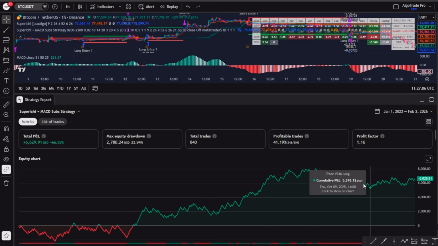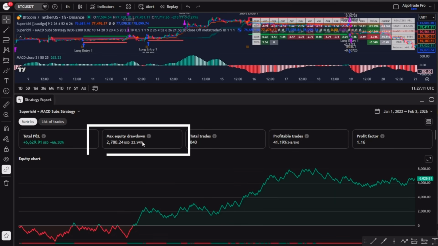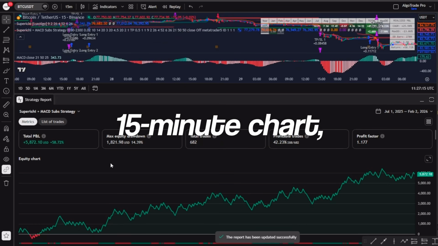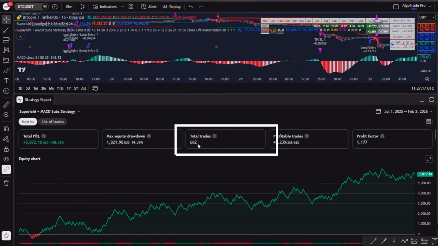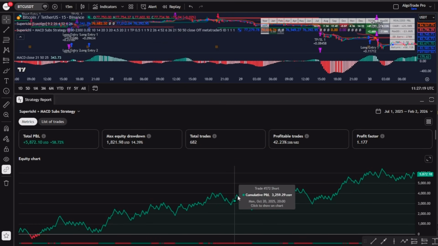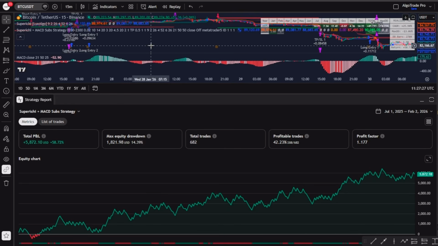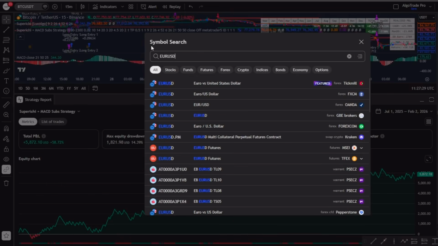You can clearly see periods of steady growth, followed by pullbacks during sideways market phases. Now let's drop down to the 15-minute chart. Here, the number of trades increases significantly and the equity curve becomes a little more stable with a higher win rate. So, overall on Bitcoin, the strategy performs reasonably well, especially during trending phases.